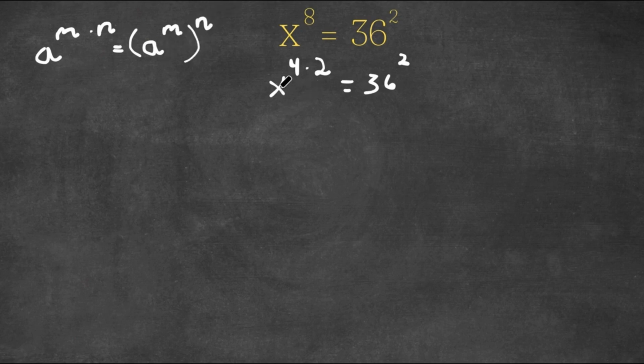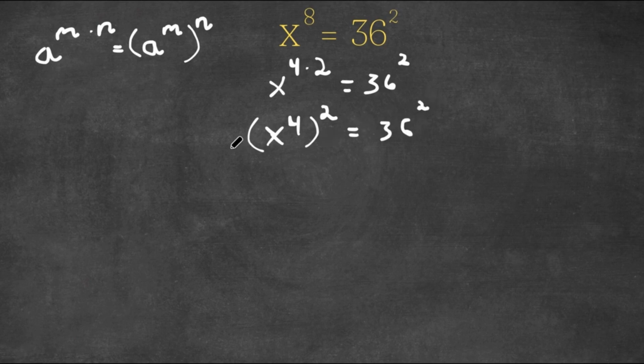So in this case, we have x to the power of 4 times 2, and we can think of 4 as m and 2 as n. So I'm going to rewrite this as x to the power of 4 to the power of 2, and now this is equal to 36 squared.